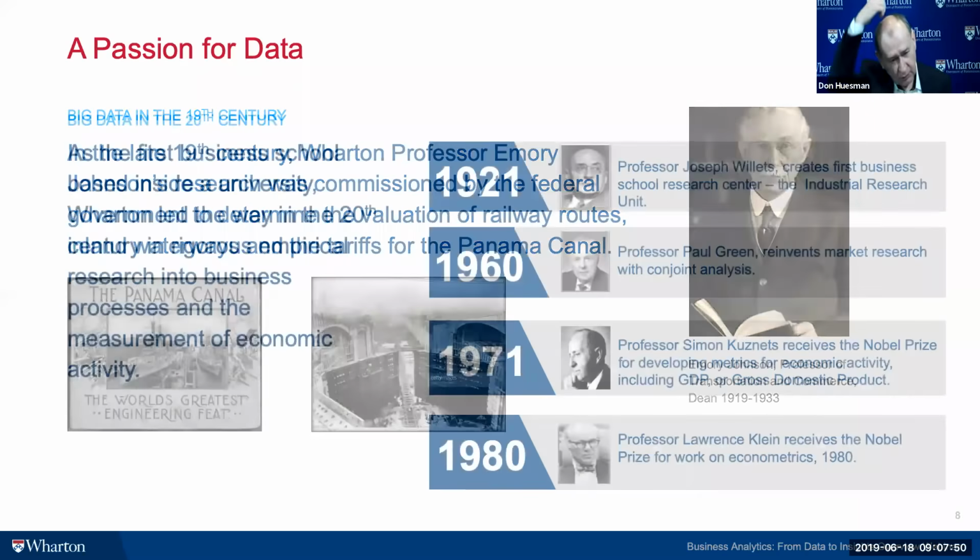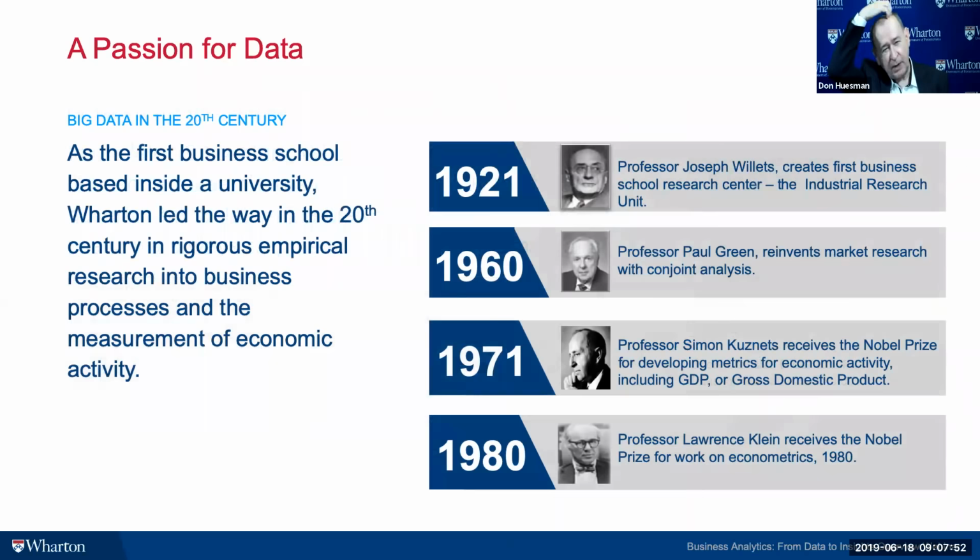In the 20th century, the school built itself out into a collection of new departments. So Wharton was the first collegiate-based business school on earth in 1881. And the idea at the time was to take the social scientific methods that had been developed, focusing on other topics, and apply them to the institutions of business.